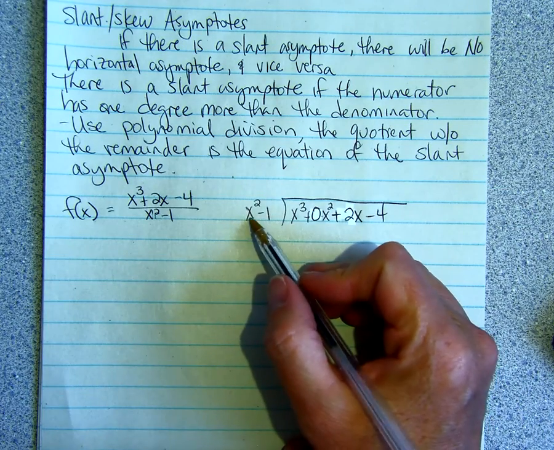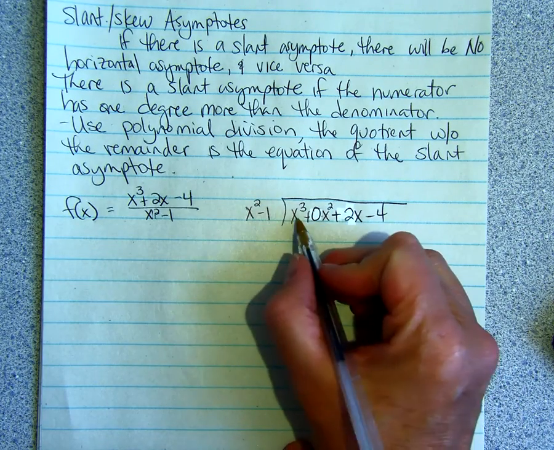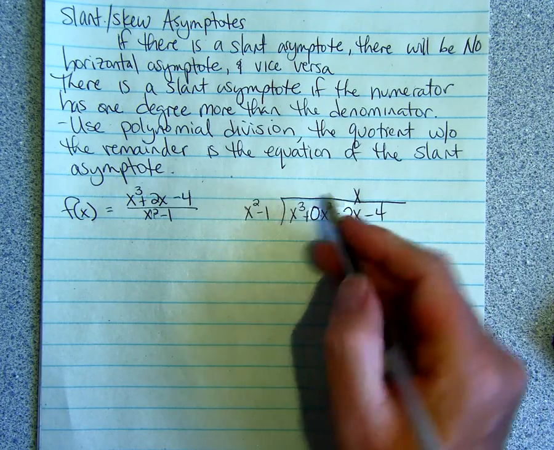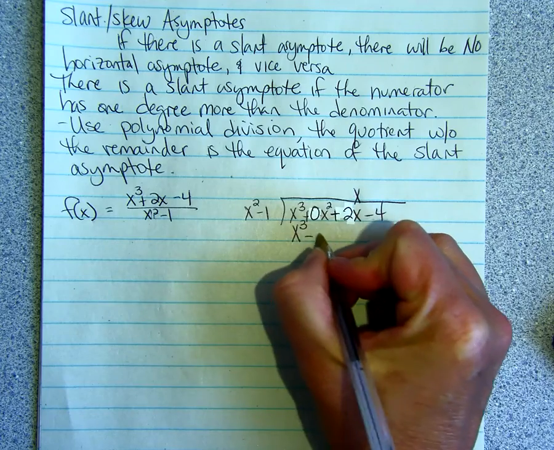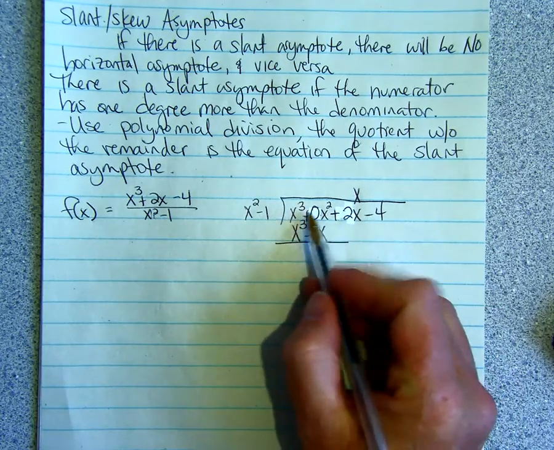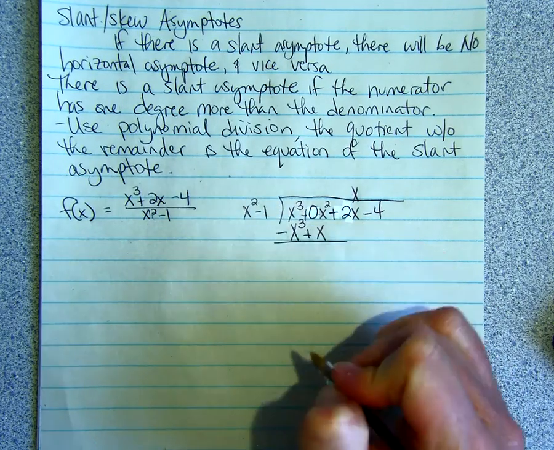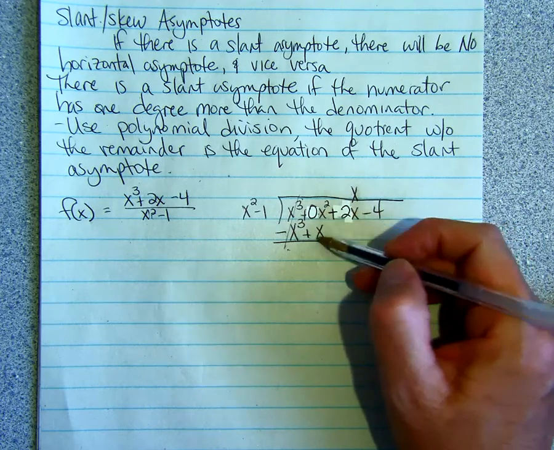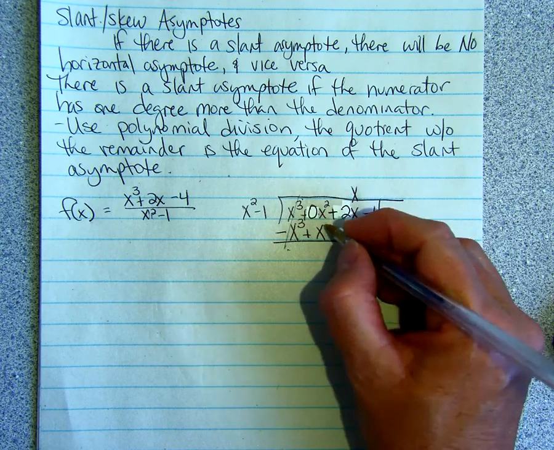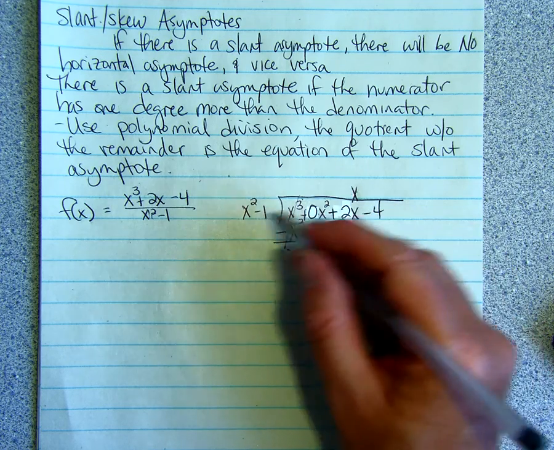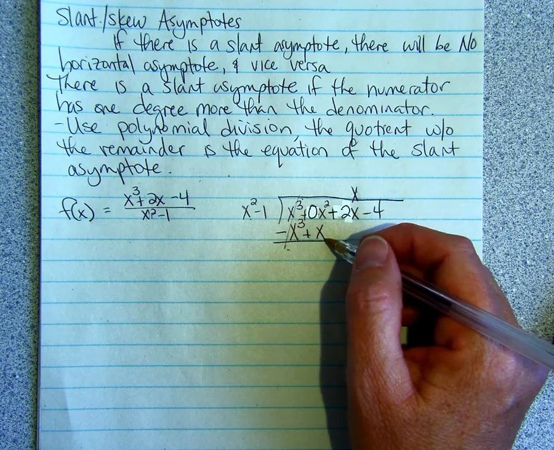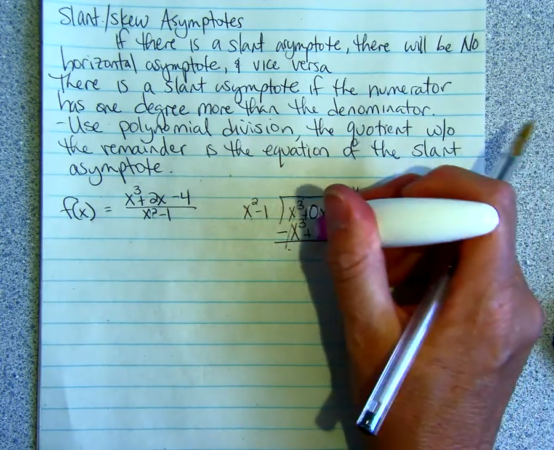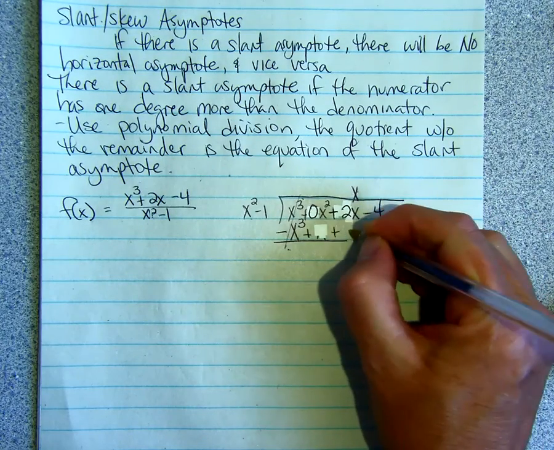So x squared times x will give you the x cubed. So we'll put an x right here. Then we'll use the distributive property and we'll get x cubed minus x. We subtract, which means we change the signs, and we get x cubed minus x cubed goes to 0, 0x squared. Oops. Wait a minute, there'll be no x squared here, so we put our plus x over here.